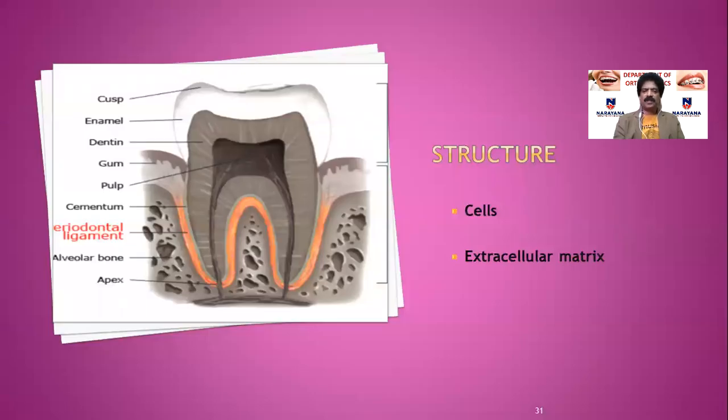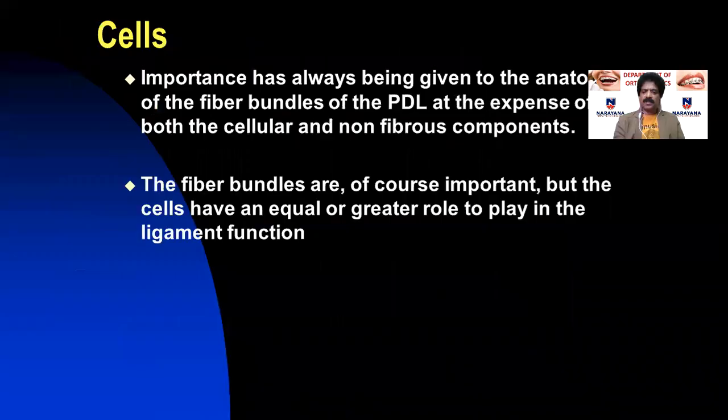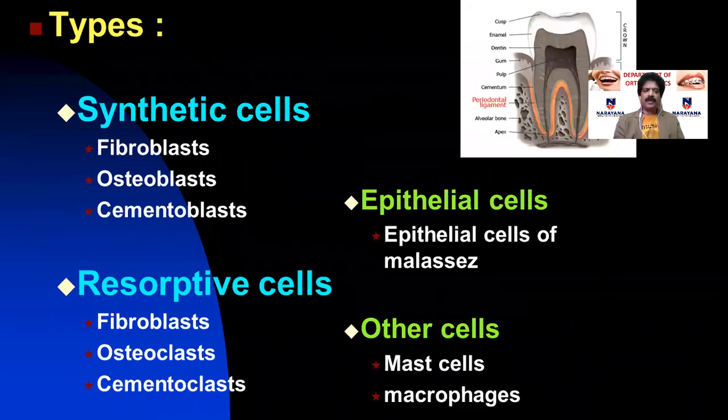So the structure: the cells and the extracellular matrix. If you see this slide, we have the different cells. These cells you should remember before we get into the basic theory of tooth movement. The synthetic cells: you have the fibroblasts, osteoblasts, and cementoblasts.